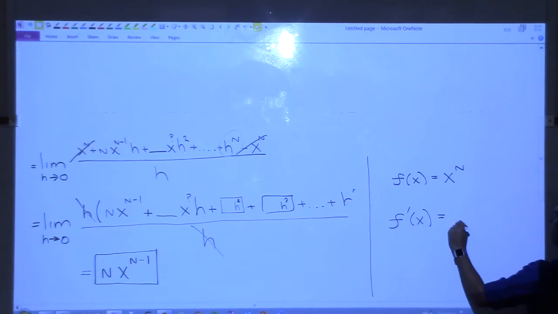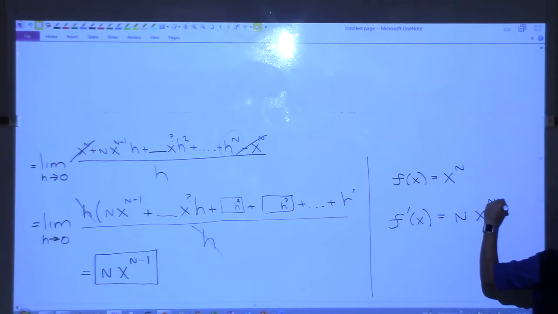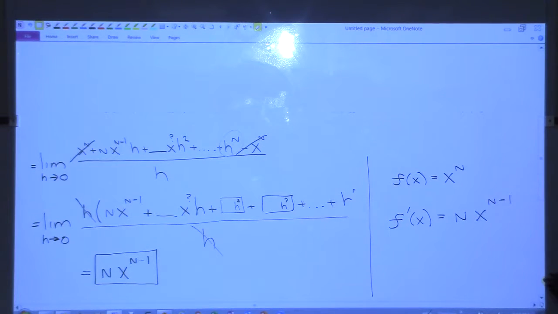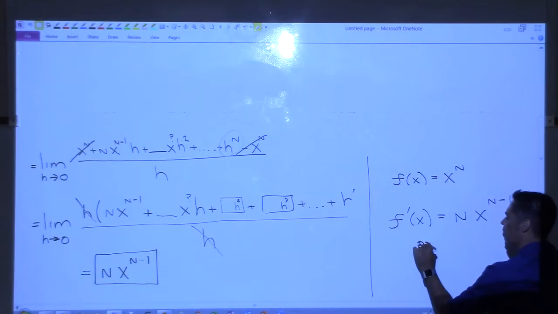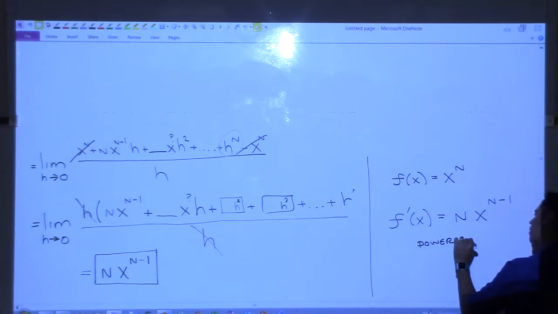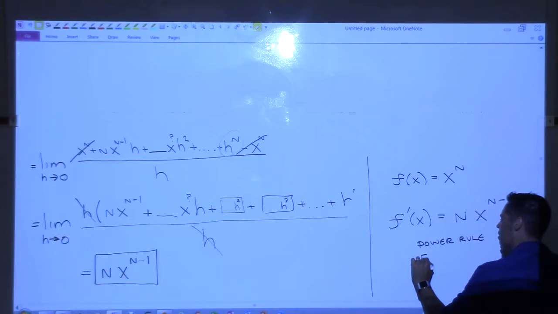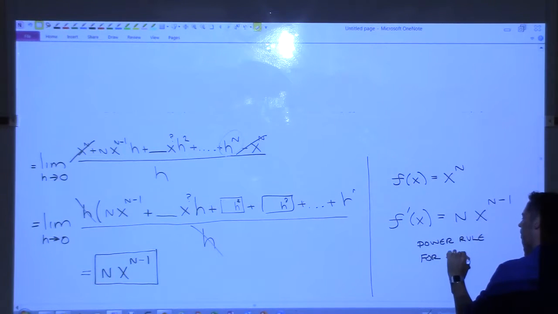It's that, n x to the n minus 1. Don't ever have to do any work anymore. You don't have to do any limit anymore. That's a formula. And this is known as the power rule for differentiation.